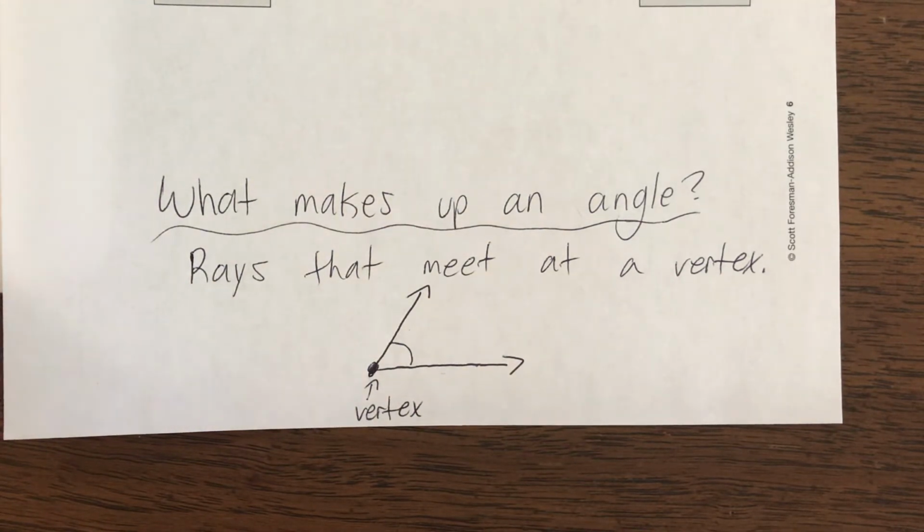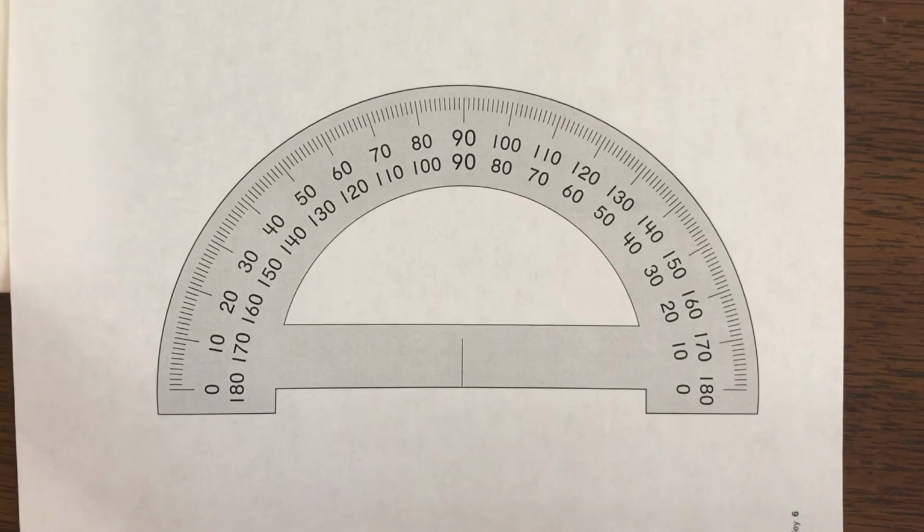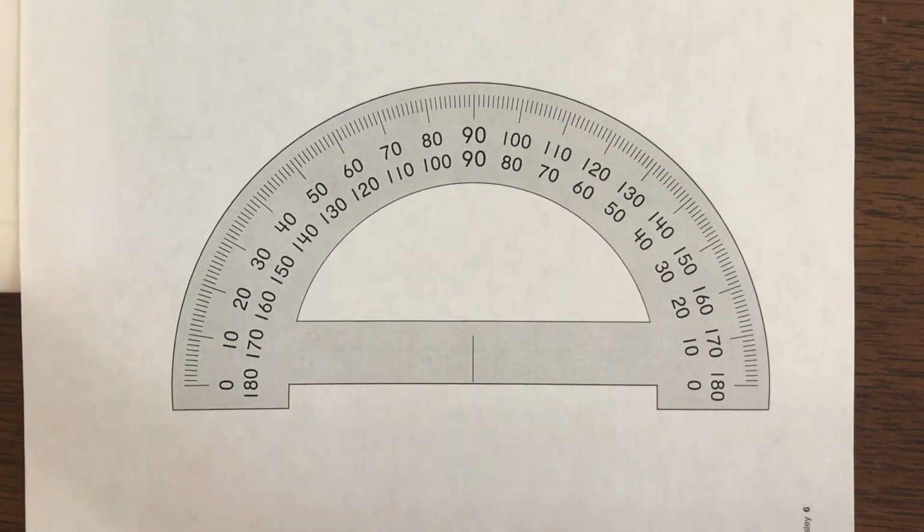On a protractor. So for those of us that don't know what a protractor is, have never seen one, have never used one, this is what a protractor looks like. It's going to be a tool that helps you measure angles. The angles that we look at today, boys and girls, are all going to be relatively friendly to us.